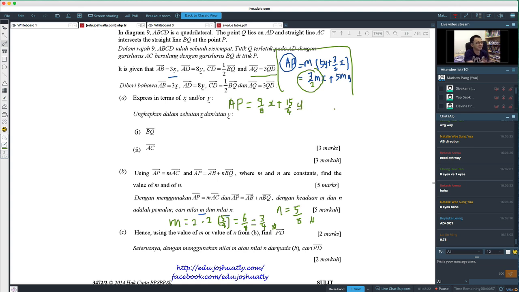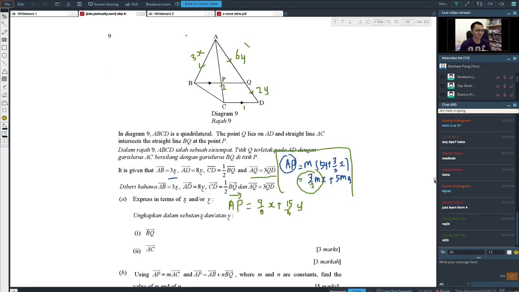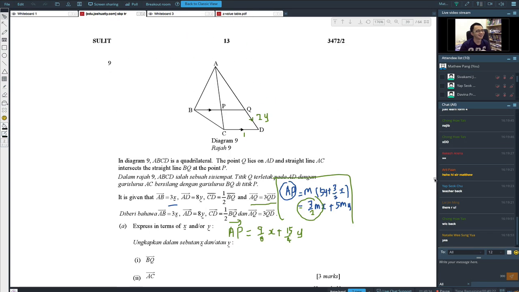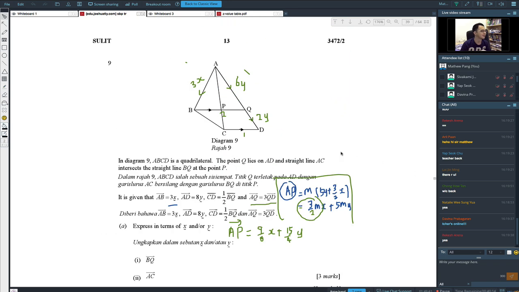So I will need to find BD. The question asked me to find BD. Let me see it again. Yeah, the question wants us to find the value of PD. So I will need to find PD. So in this case, I will draw the line.